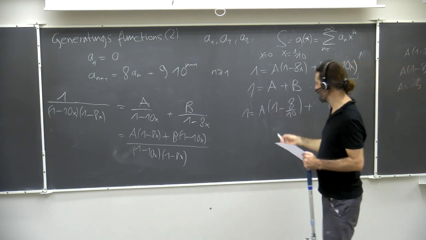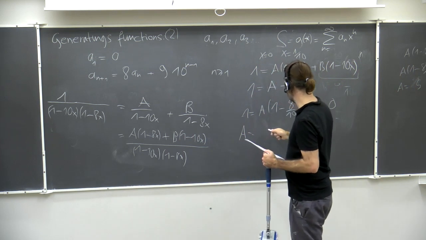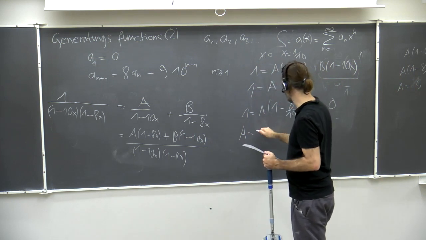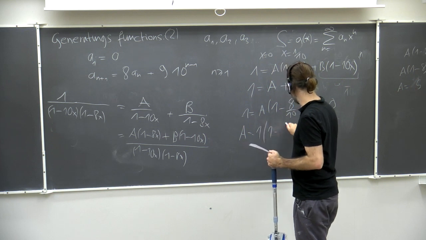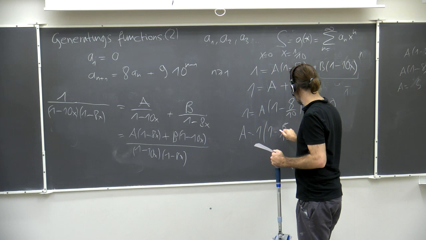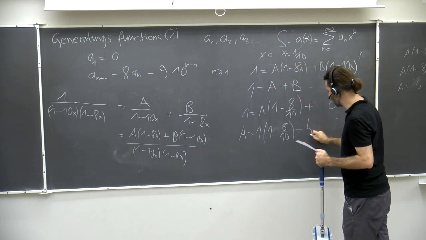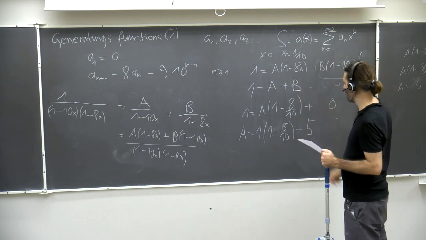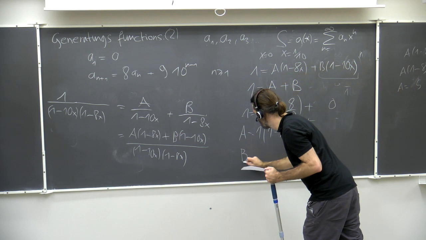And now I have something I can solve for a. A is equal to 1 divided by that thing, 1 minus 8/10. And this gives us our value a is 5.